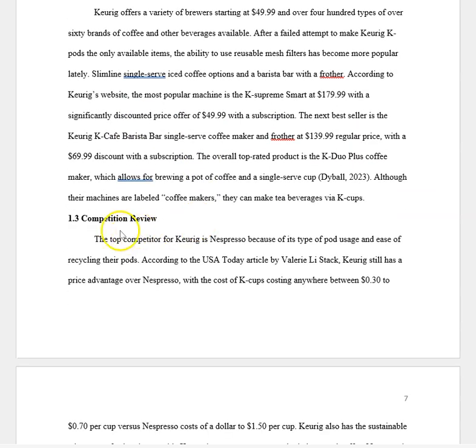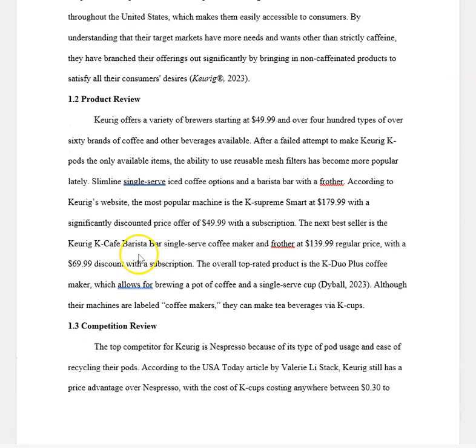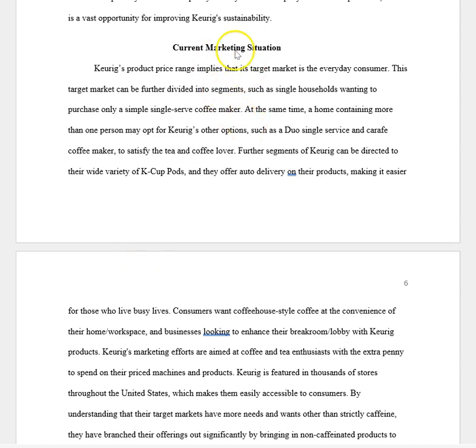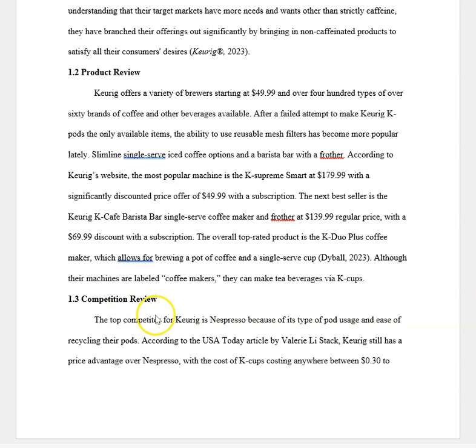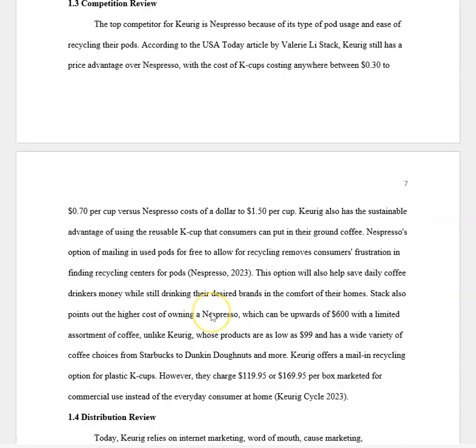Here they're talking about competition. Again, it's related to products, the current marketing situation, so you'll see how they've done this. It's left justified. That's how I know it's a level 2 heading, so I know it's related to the level 1 heading that we just saw.